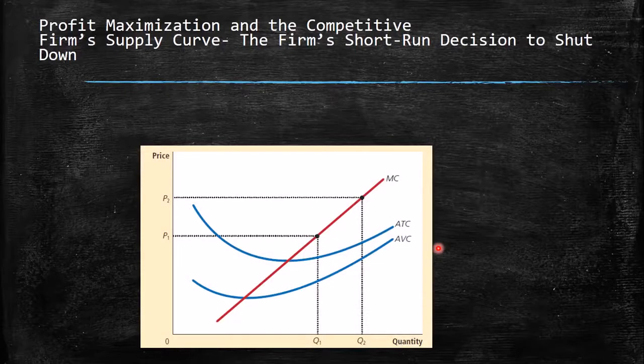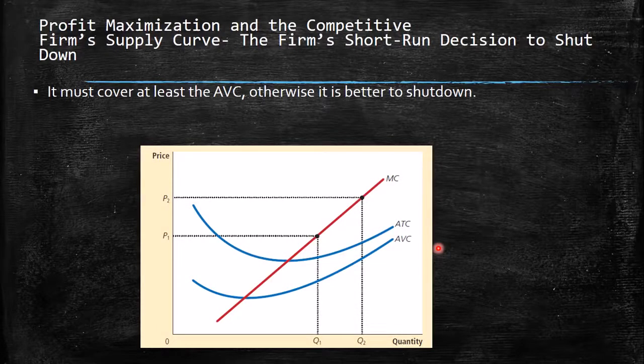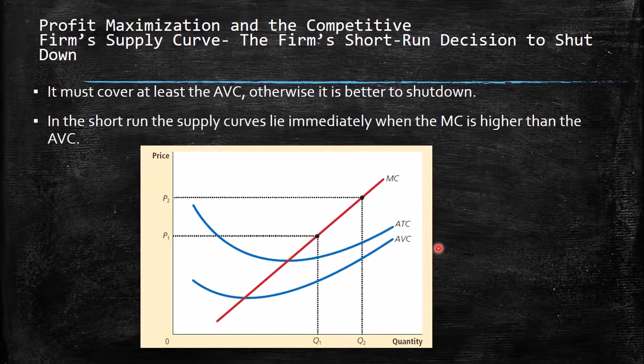So we have that it must cover at least the average variable cost. Otherwise, it's better to shut down. In the short run, the supply curve lies where the marginal cost is higher than the average variable cost.